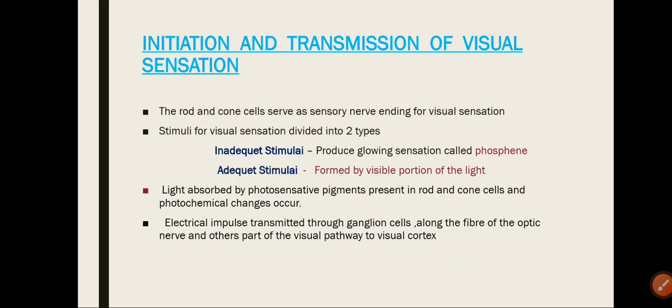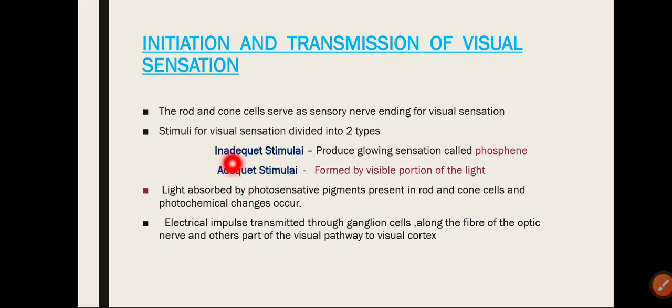Initiation and transmission of visual sensations. The rod and cone cells serve as sensory nerve endings for visual sensations. Stimuli for visual sensation are divided into two types: inadequate stimuli and adequate stimuli.